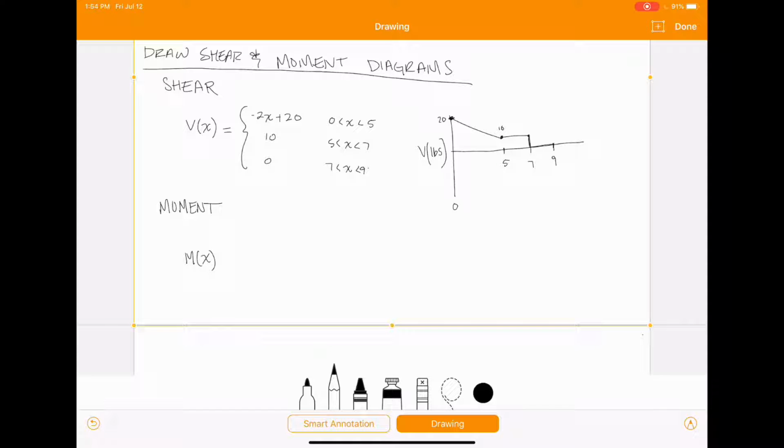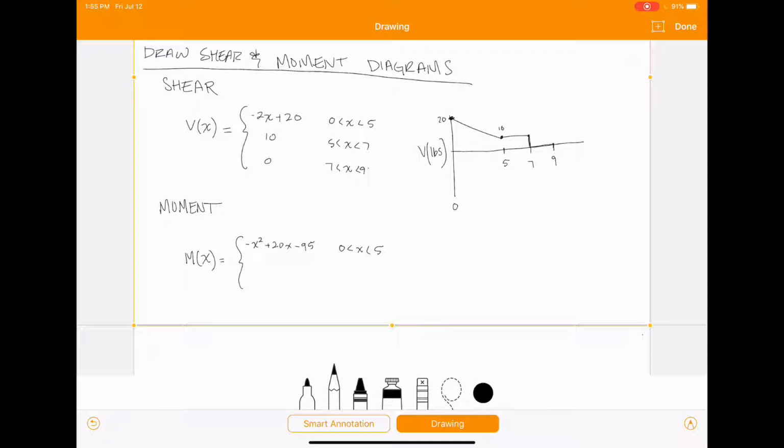I'm going to write out our piecewise function for that. So we're going to have negative x squared plus 20x minus 95 between 0 and 5.